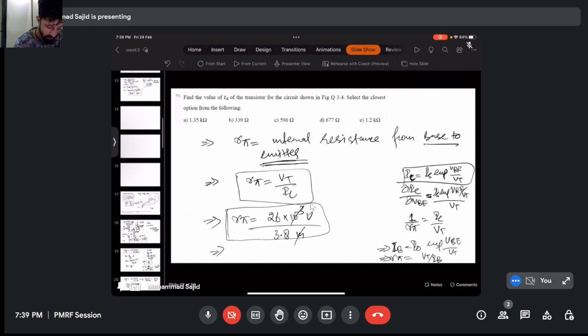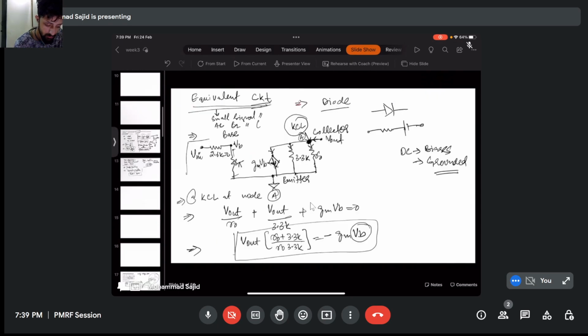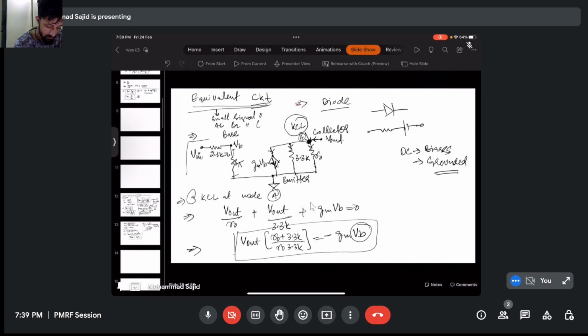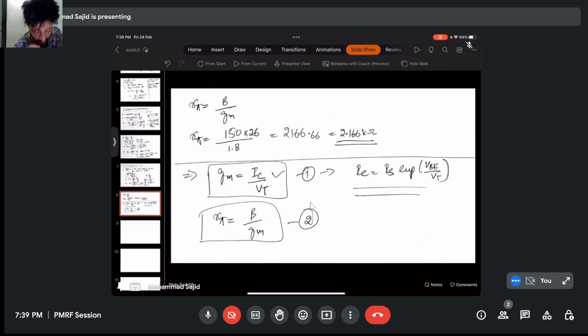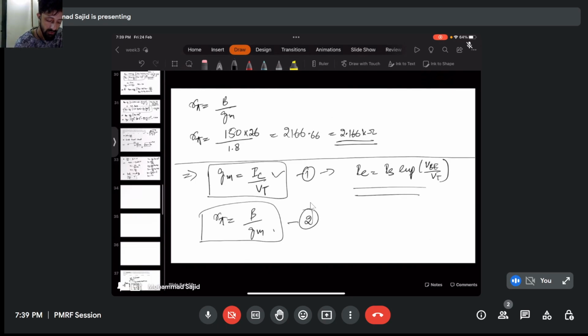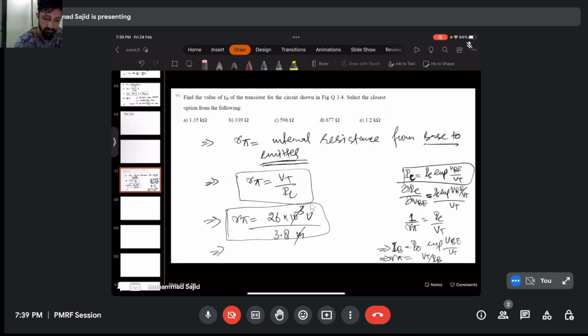Okay, one way to define it was beta by GM. Okay, let's pick up from this point, beta by GM.